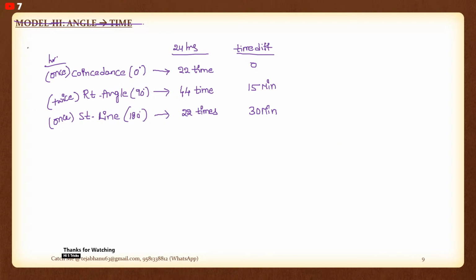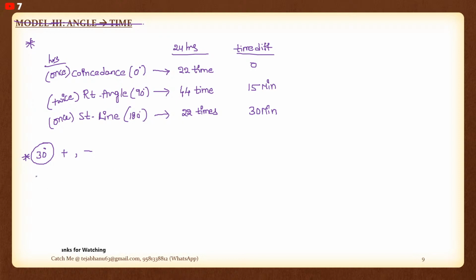Okay, this is how we can convert angle into time. These are the three models that may be asked. For example, in an examination, if they ask us to calculate at what time both hands are at 30 degrees, for the plus value you will get one time and for the minus value you will get one time.